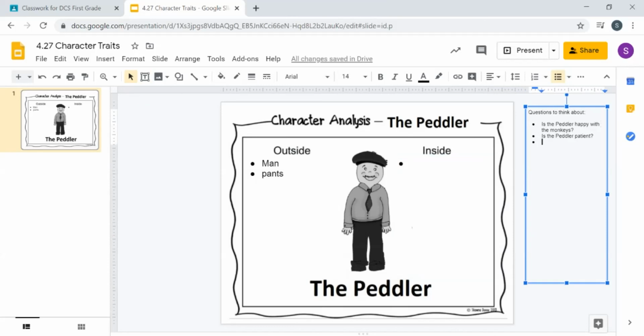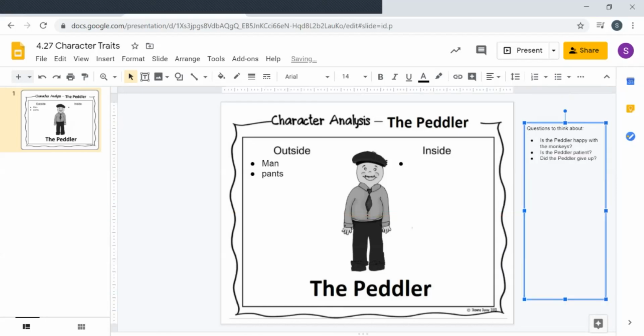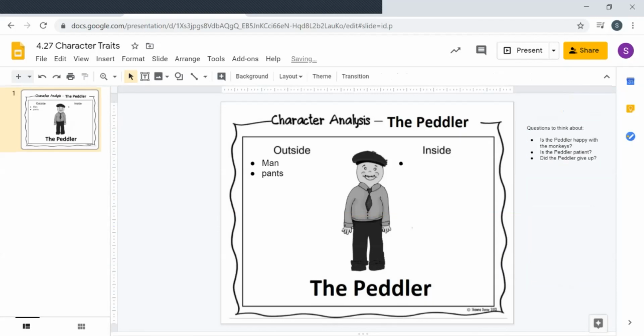Let's think about that. And did the peddler give up? So when you think about those questions, those will answer how the peddler acts and reacts. Your answer to that tells you some information about him, and then you can write things about his inside. How is he as a person?